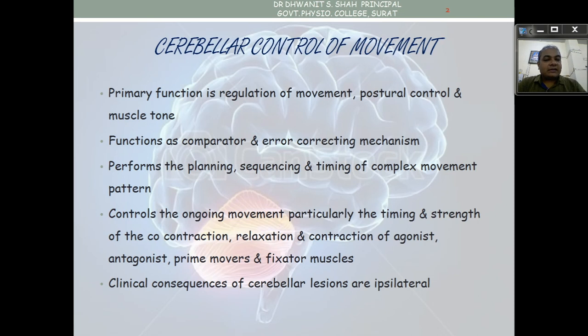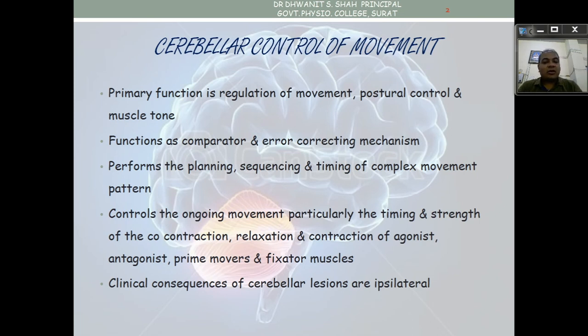So this type of activity can be done in this way. This is called planning, sequencing and timing of the complex movement. It does not include any jerky movements or any incoordinated movement. It should be planning, sequencing and timing.